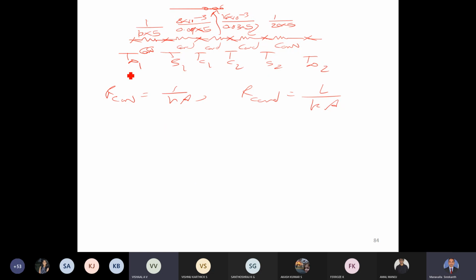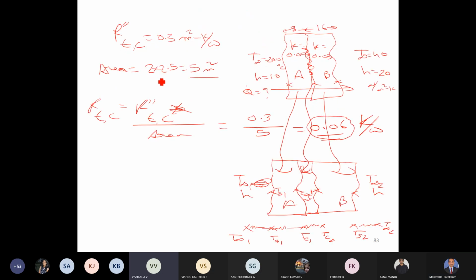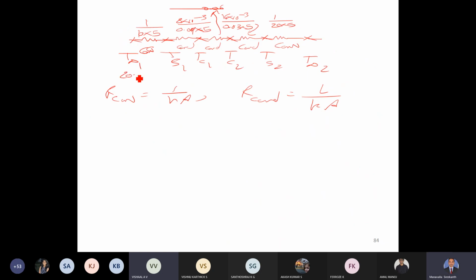And we know T infinity 1 is 200 degrees Celsius and T infinity 2 is 40 degrees Celsius.